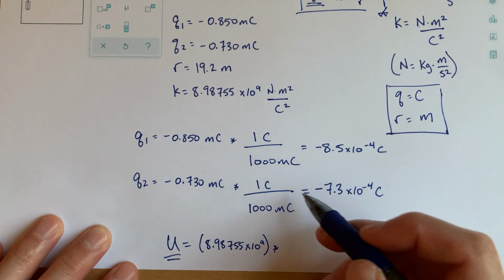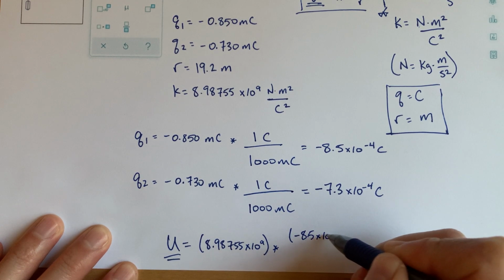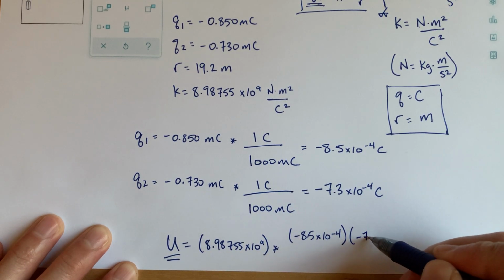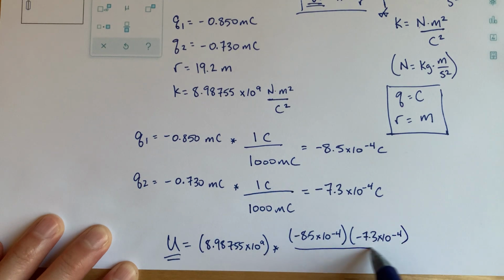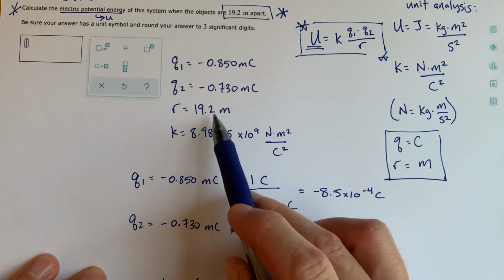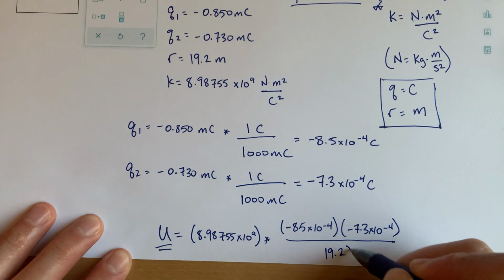Times Q1, which is this, so we'll put that up here, minus 8.5 times 10 to the minus 4th, times Q2, minus 7.3 times 10 to the minus 4th. And that's all going to be divided by the value of R, so going back up here, by the value of R in meters. It's already given to us in meters, which is convenient, 19.2.